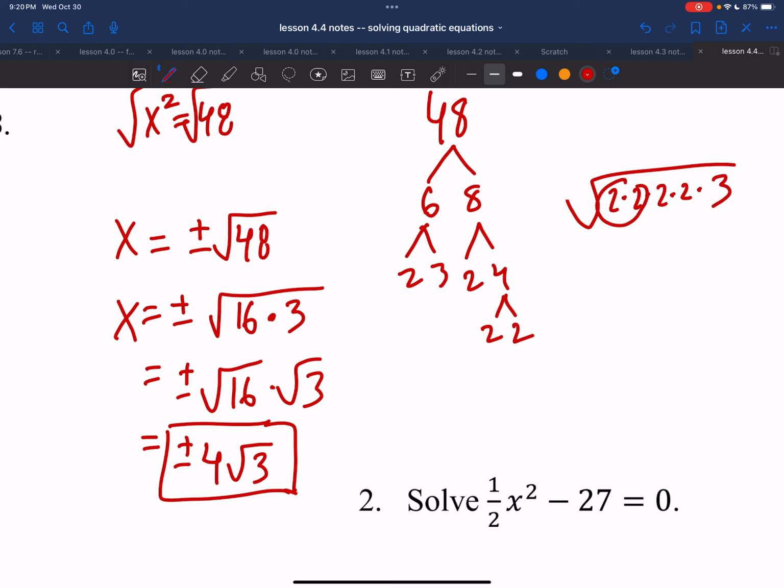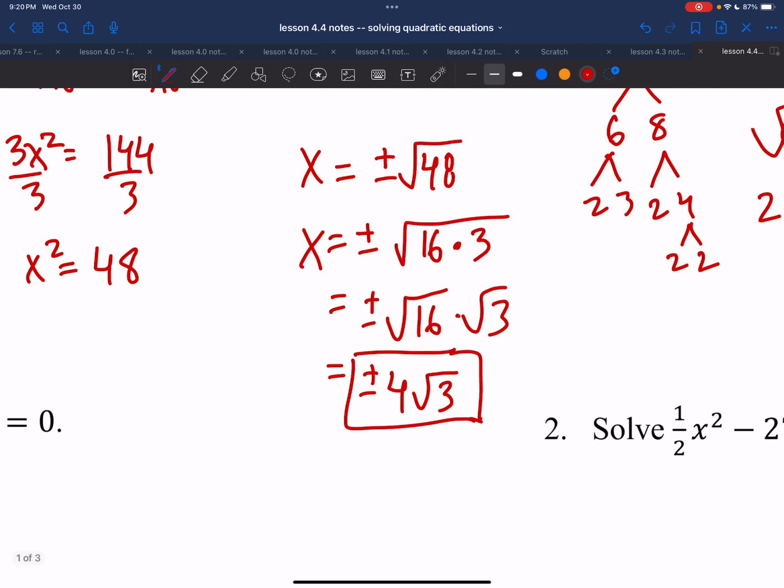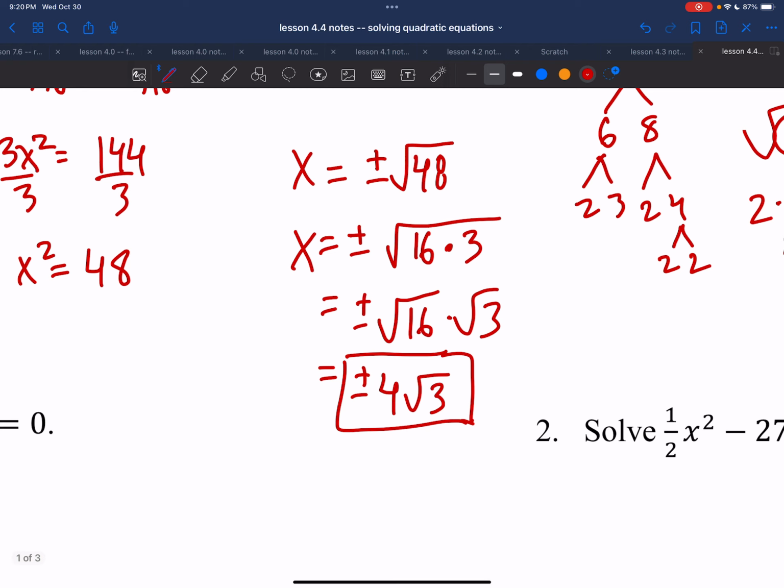And so you could have circled this 2, called it a 2, circled this 2, called it a 2, and then you got root 3, getting you 4 root 3. Yeah, it doesn't matter, right? Whatever method you need to use to simplify, do that, okay? Whatever works for you. And so I've got my 2 roots right there, plus and minus 4 root 3. That means, again, 2 solutions, because one's positive, one's negative.